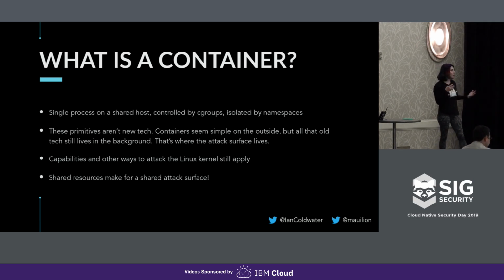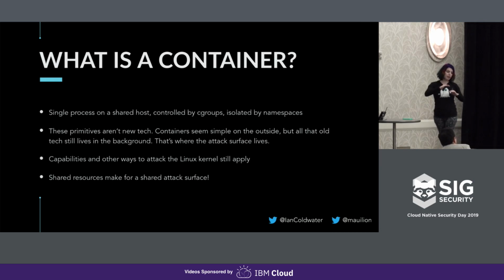And the same attack surface that applies to Linux applies to containers in general. Because containers are a single process on a shared host, sharing resources often with each other and with their hosts and underlying nodes, a kernel attack surface in a single container or on that host is a shared kernel attack surface. And so container security is a holistic thing.